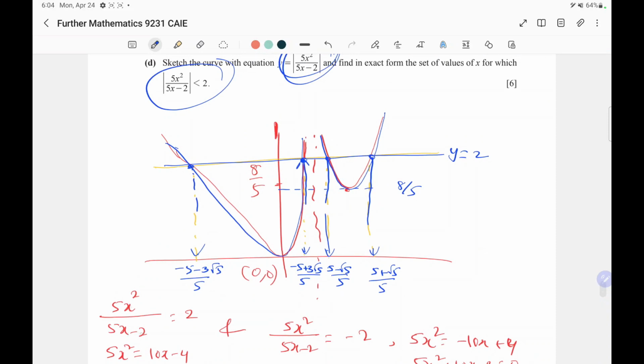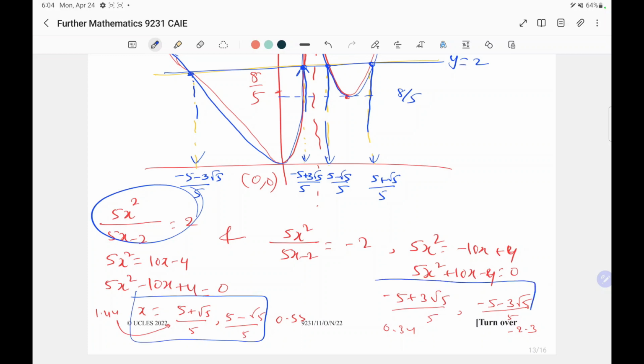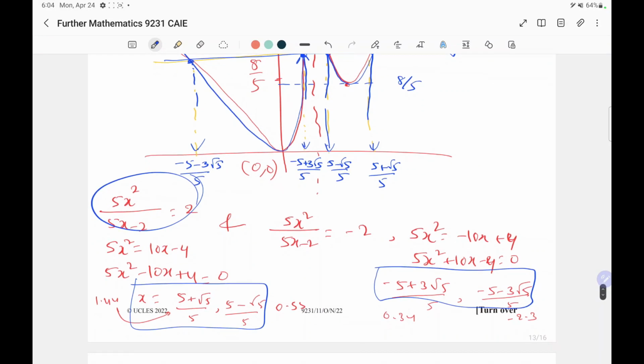5x²/(5x - 2) equals plus 2 or minus 2 because of the mod. So just calculate this part, you will get these values, and calculate this part, you will get these values, right? But the important point is how will you plot these values. So you need to find some decimal values to understand also. So the decimals are 1.44, 0.55, here 0.34, here minus 2.3.